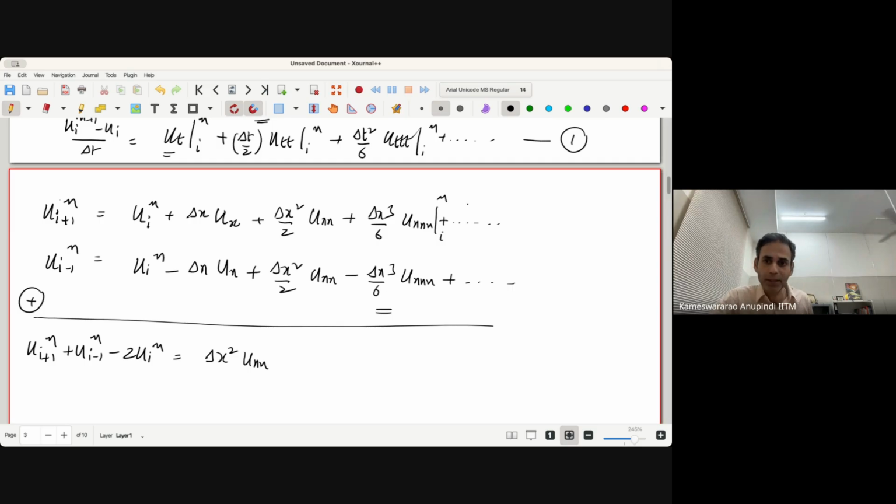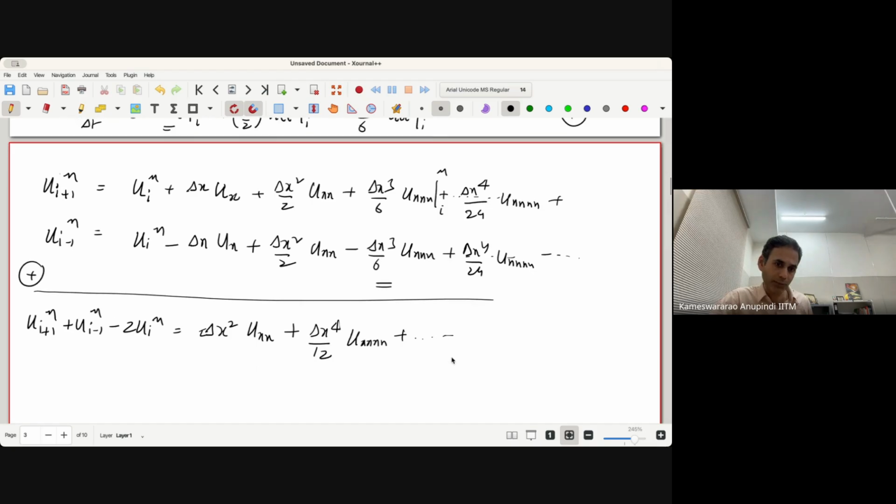Again, the odd terms get cancelled, but then that reminds me I should get one more term, delta x to the power 4 by 4 factorial u_xxxx. So this is delta x power 4 by 24 u_xxxx and so on. And then we'll get plus delta x power 4 divided by 24 will become 12 because we got two of them, times the fourth derivative of u with respect to x, and so on.